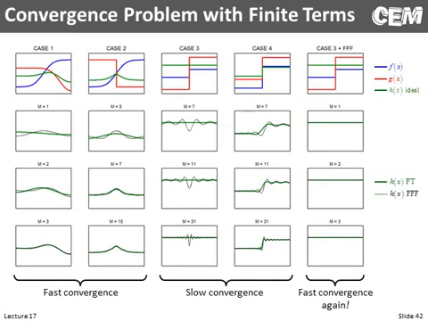So let's look at this convergence problem. We have the blue line, which is F, the red line, which is G, and the green line is H, so it's the product of F and G. And what we see is our two functions, F and G, everything's continuous here, even H. So no real problems.